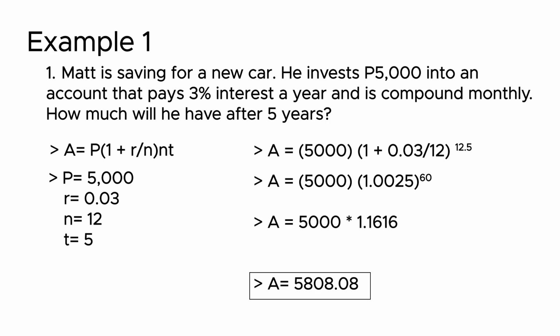Now, if I add that to 1, I end up with 1.0025, and this is raised to the 12 times 5 power, or 60th power. If you take 1.0025 and raise it to the 60th power, this is equal to 1.1616, multiplied by 5,000, and the amount in your account is 5,808.08.